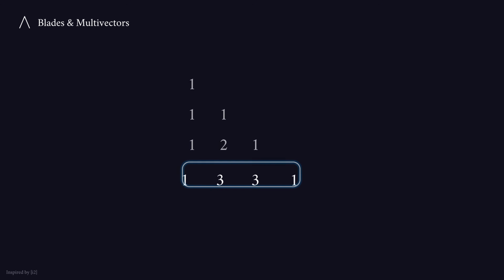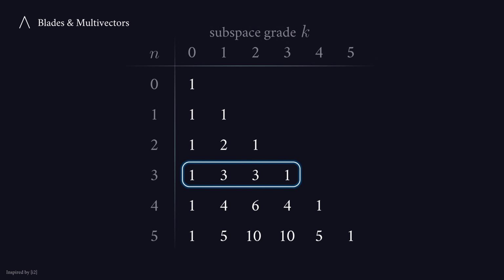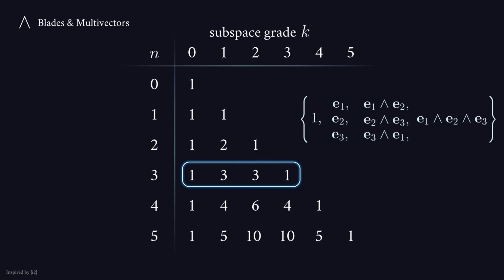And yes, indeed, it's part of the Pascal triangle. So what you write here is n, with rows 0, 1, 2, 3, 4, 5, and the subspace grade k. In our case, we chose n to be 3 because we considered R3. And we found these elements with different subspace grades. With subspace grade 0, like the scalars, we found one element.